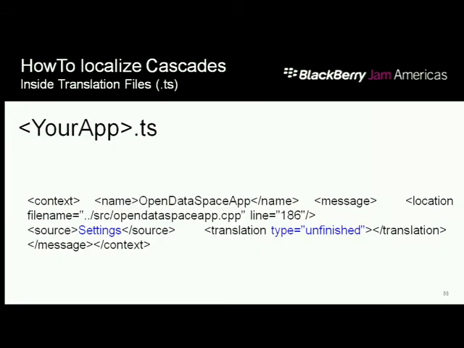So how does it look in your translation file? Here you have at first a context, in this case the application, then you have a message, and you find information in which line this word appears, and here's the source, settings, and here's the translation, and at first you get type unfinished.